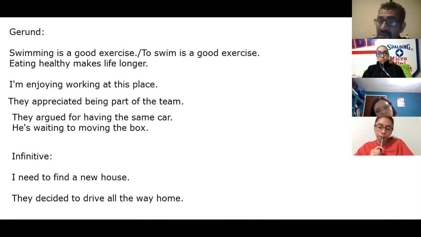Okay, so we can use infinitive every time we use these verbs.